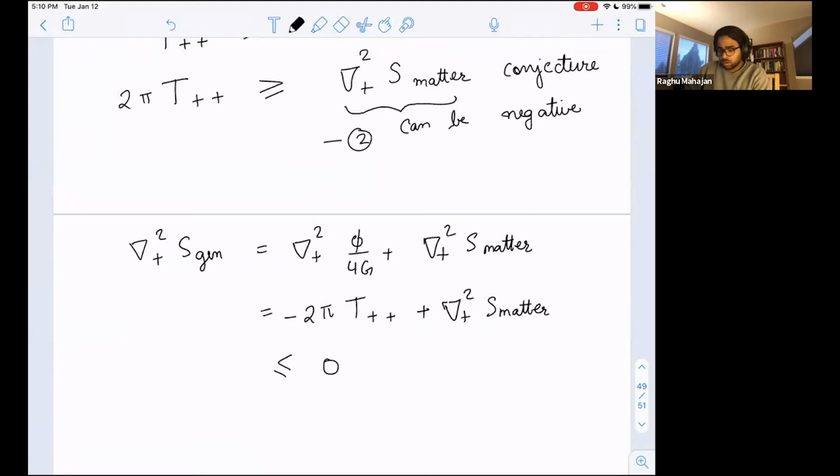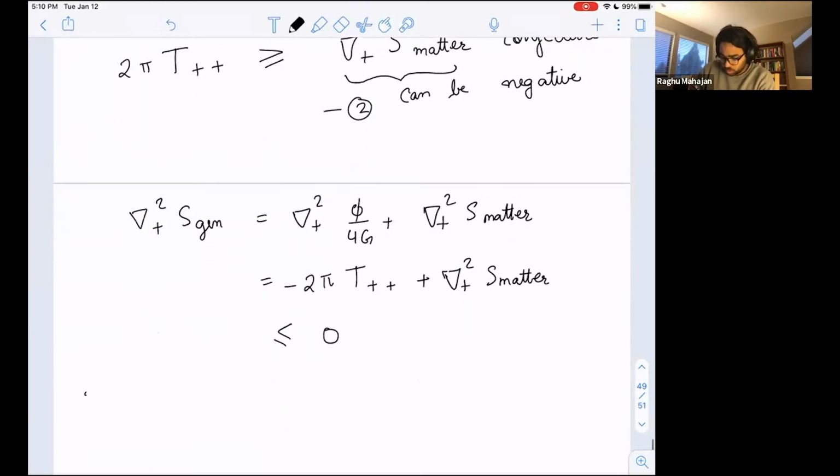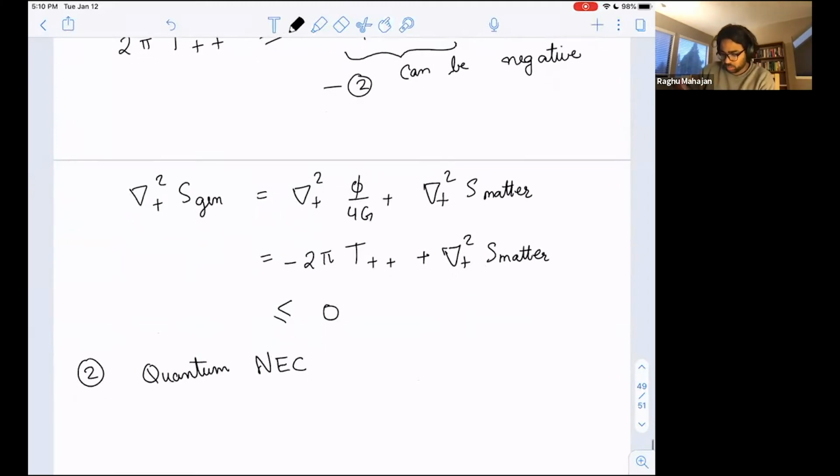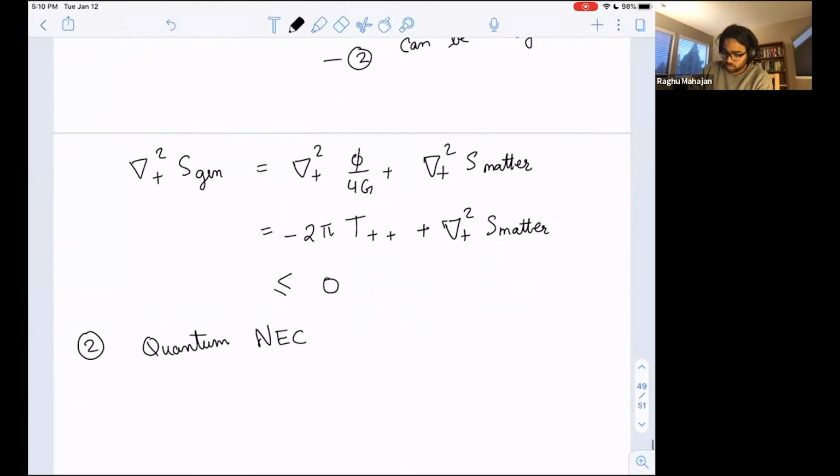So this equation 2 is sometimes called the quantum null energy condition. It places a lower bound on T++, which is T++ times 2 pi bigger than or equal to grad plus square of S matter.